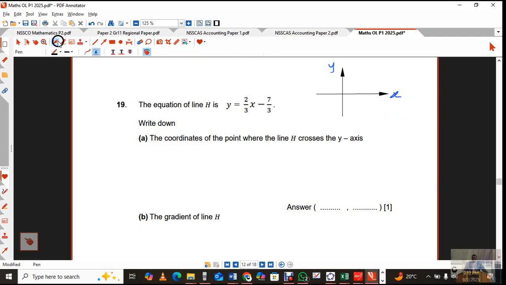If I was to draw a line, that line is going to go something like that. It depends on whether it crosses the y-axis at positive or at negative. So the line is going to go something like this. You get it? So for 1 mark, there's a reason why it's 1 mark.